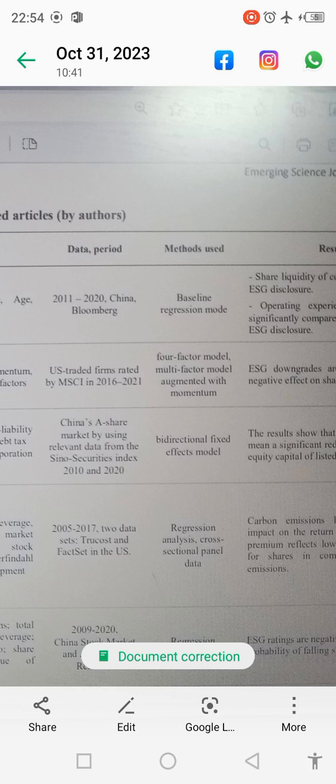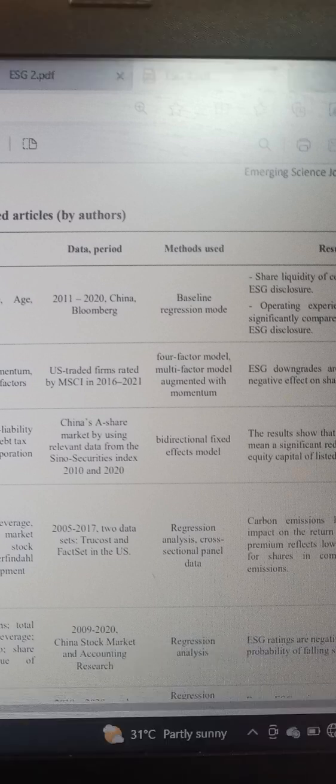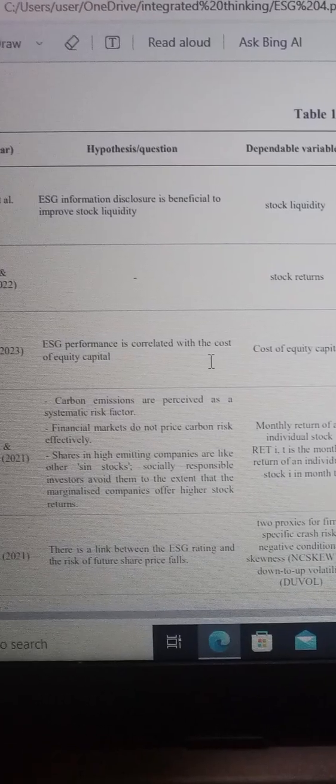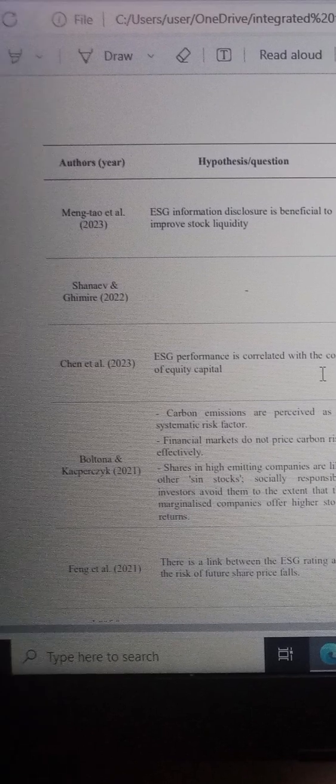Now you might want to extend your own study beyond this. If you are considering the year scope, you might want to extend it to 2023 and extend this 2011 beyond. You might want to go as far back as 2000. You understand? So that's what this is all about.